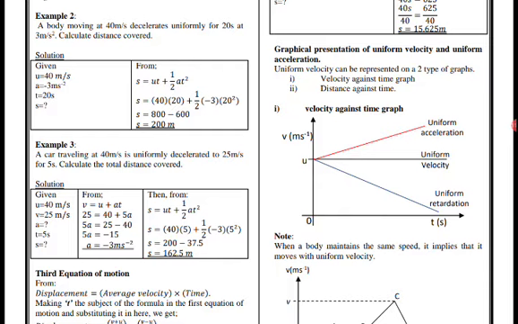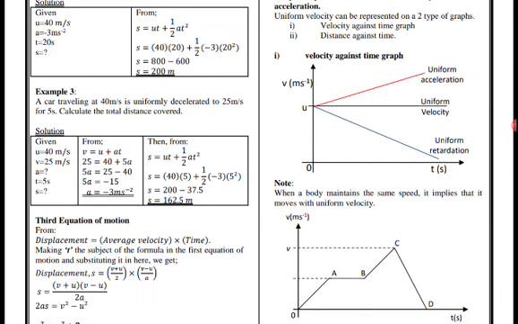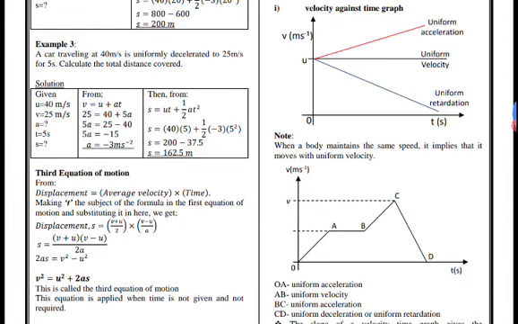That flat line means that velocity is not changing, therefore uniform velocity. And then the blue line means that the body is decelerating, or we have uniform retardation. Note, when a body maintains the same speed, it implies that it moves with uniform velocity.